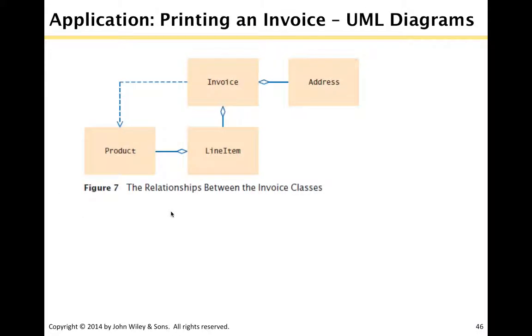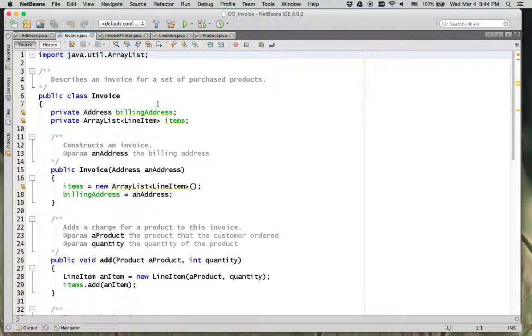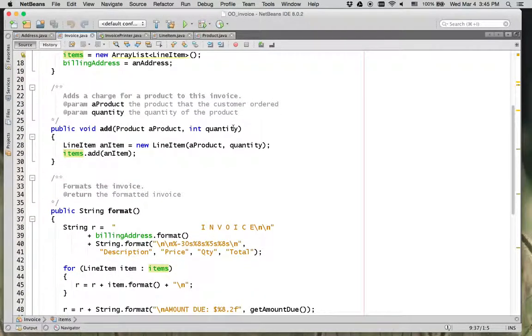So finally, we have an Invoice, which owns an address as well as a line item, and then uses a product. So Invoice owns an address and line item, and then uses a product to add.